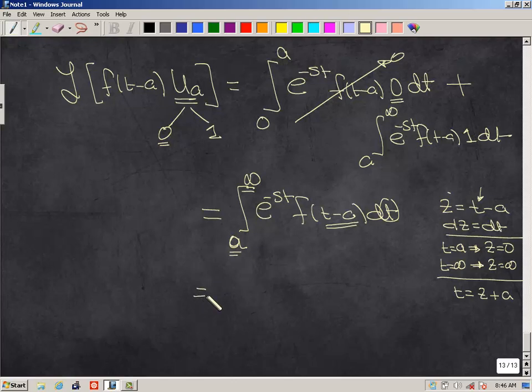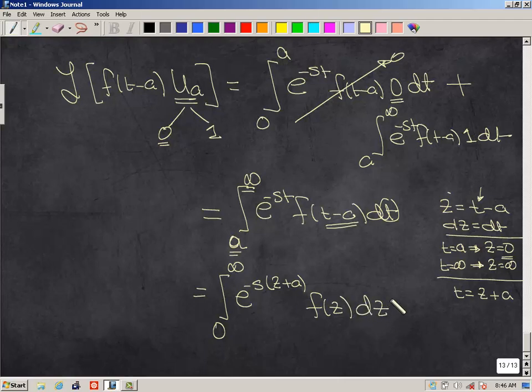Alright, so let's use all of those to rewrite this integral. We get, not a, because z is going to be 0 now. So we're going to go from 0 to infinity. We get e to the minus st. What is t? t is z plus a, f of z dz, because that's what we get.